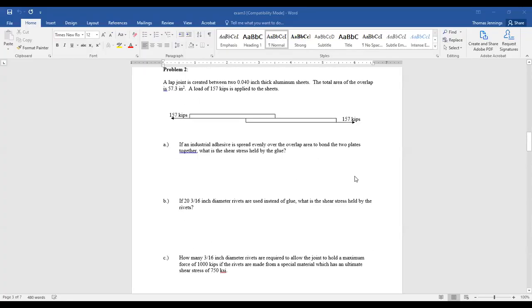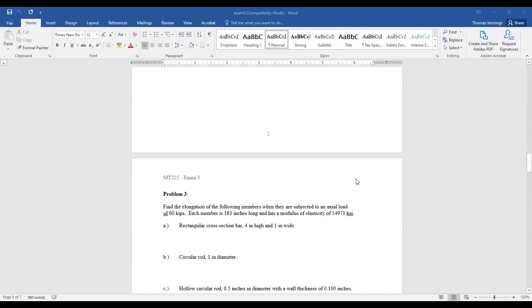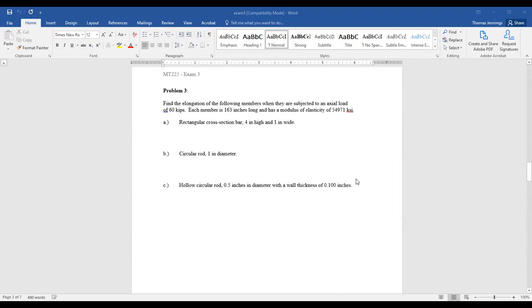So that was the second problem on shear and shear stress. Problem 3 is an elongation problem. So this brings in figuring out how much length a piece of material is going to gain when you apply a force to it.